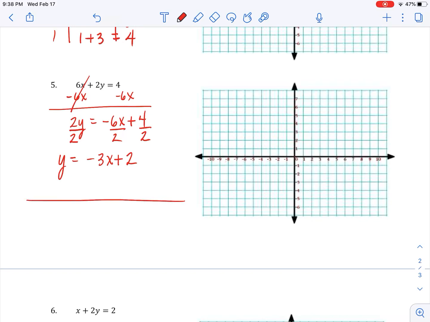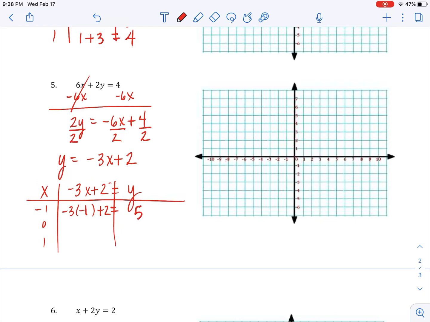All right, now we have an isolated y, and we can pick our x's of -1, 0, and 1. We can write our equation in the middle because we know that's how we're getting our y. So -3 times -1 plus 2, I'm just plugging in my x values that I chose, right? Remember, it's independent. It could be what it wants.